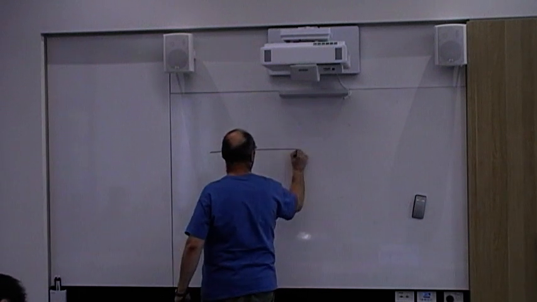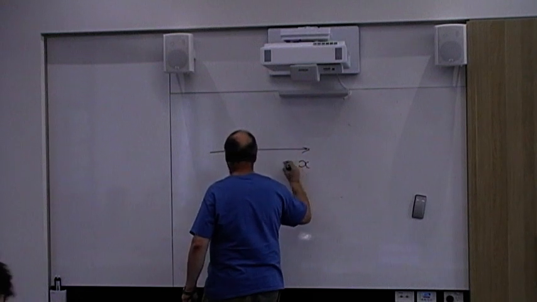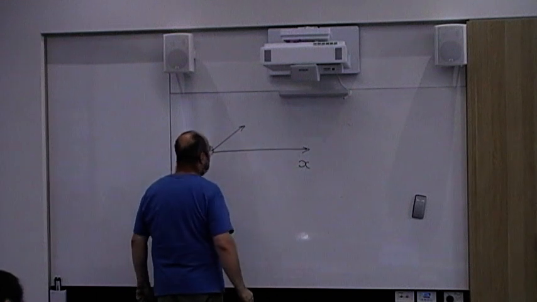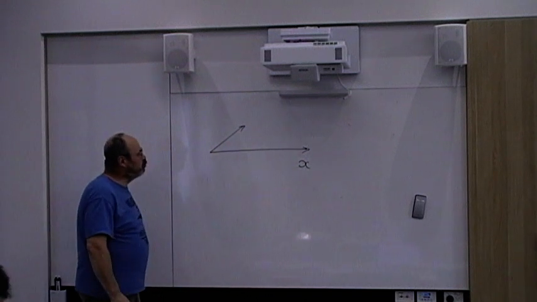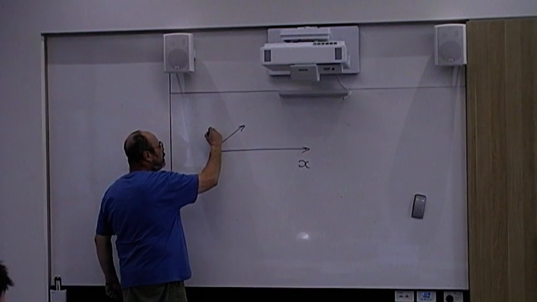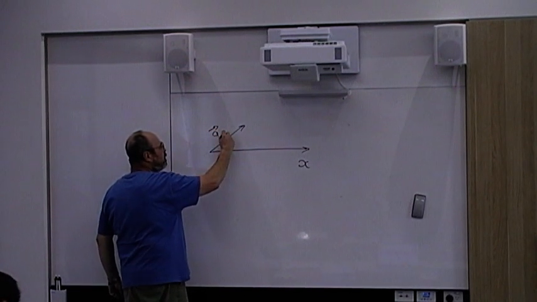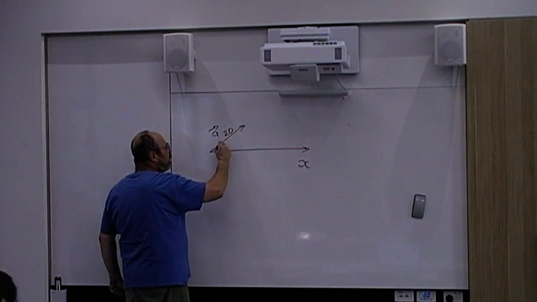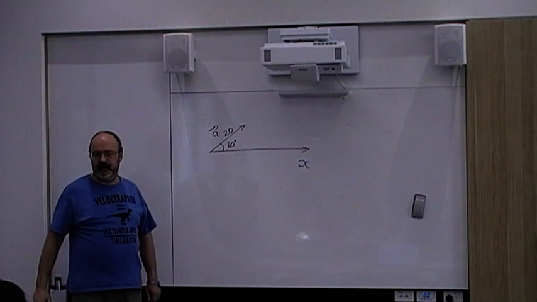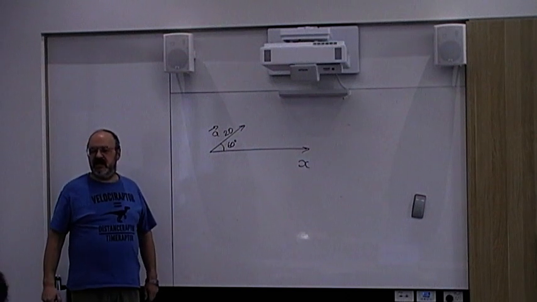Let's say this is the x-axis, and we have a vector A with a length, let's say, 20, and this angle, let's say, 60 degrees.